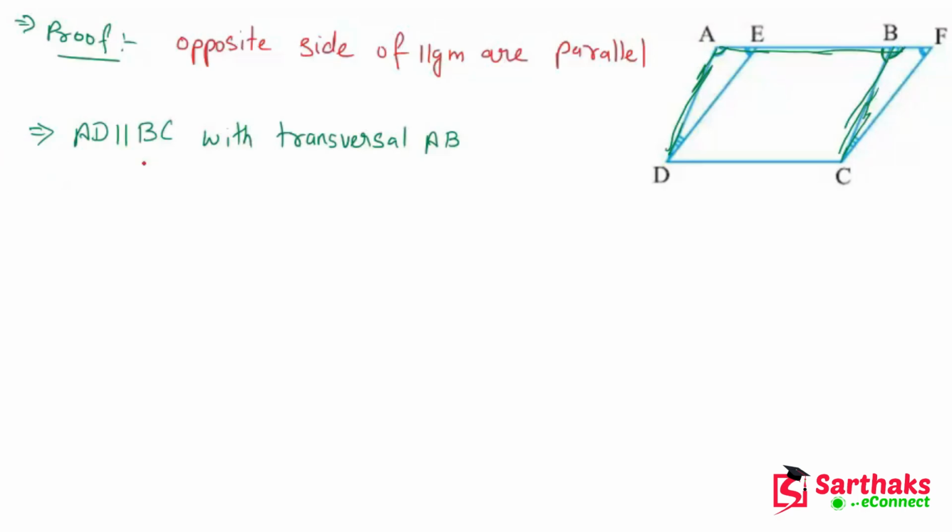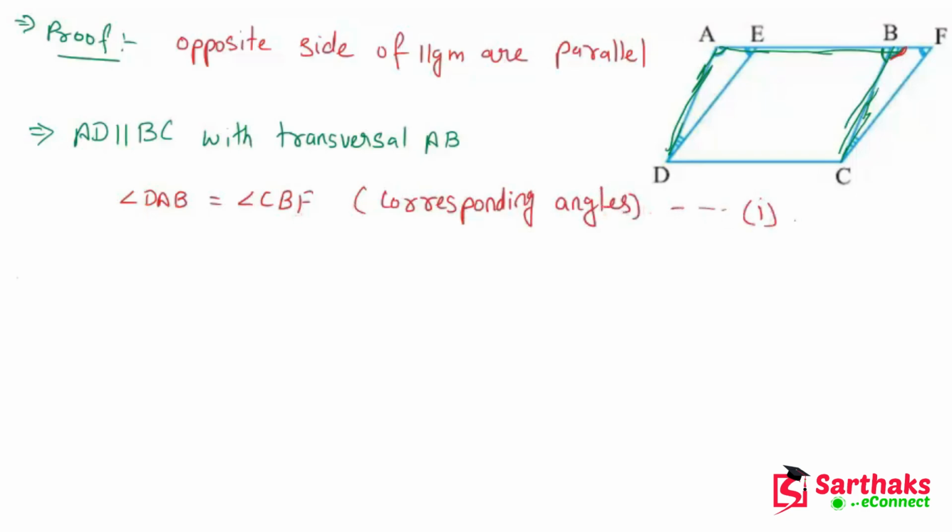So we can write angle DAB is equal to angle CBF, because they are corresponding angles. Let's suppose this is equation number 1.